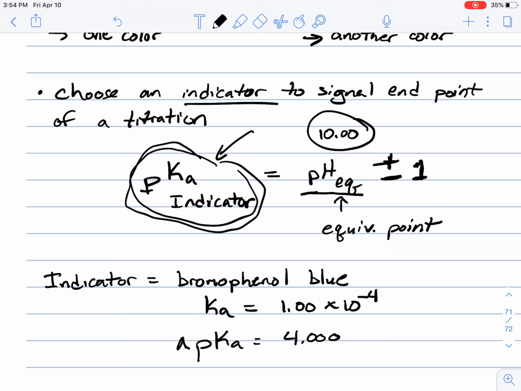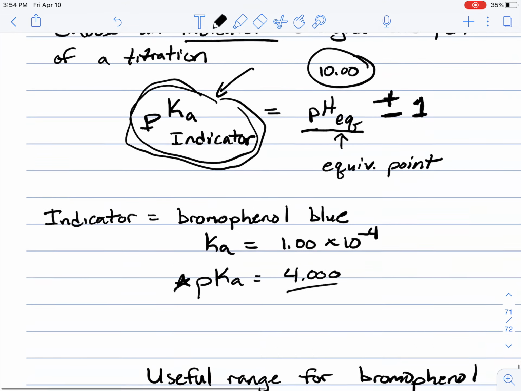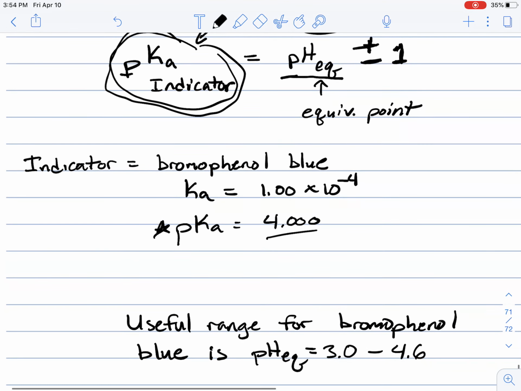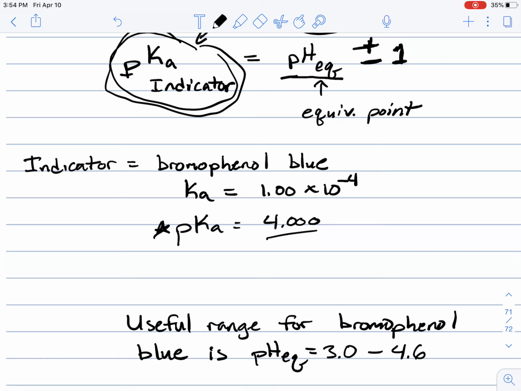And so if the pKa of bromophenol blue is 4.000, its useful range to signal the endpoint of a titration is going to be plus and minus 1 pH unit.